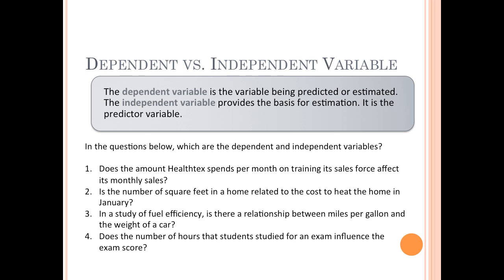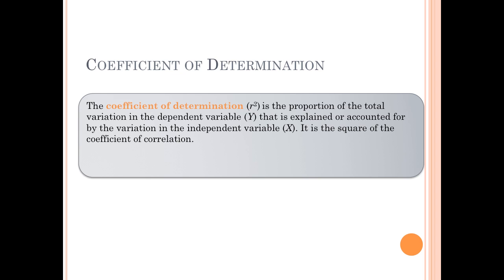So the weight of the car would be the independent variable, and the miles per gallon would be your dependent variable. Does the number of hours that students studied for an exam influence the exam score? Exam score would be your dependent variable, and hours studied would be your independent variable.